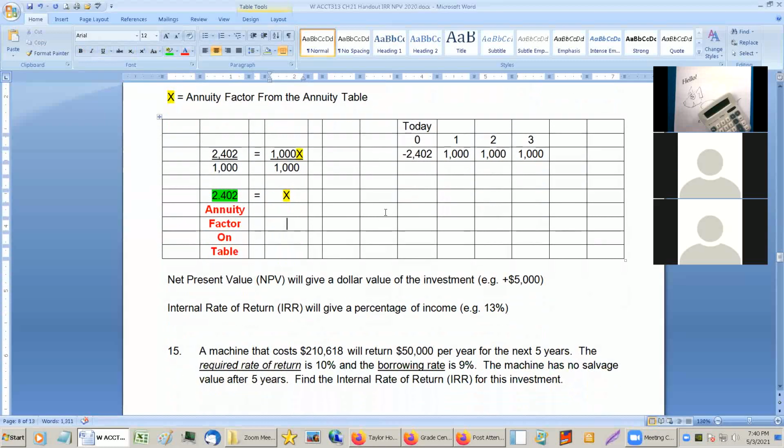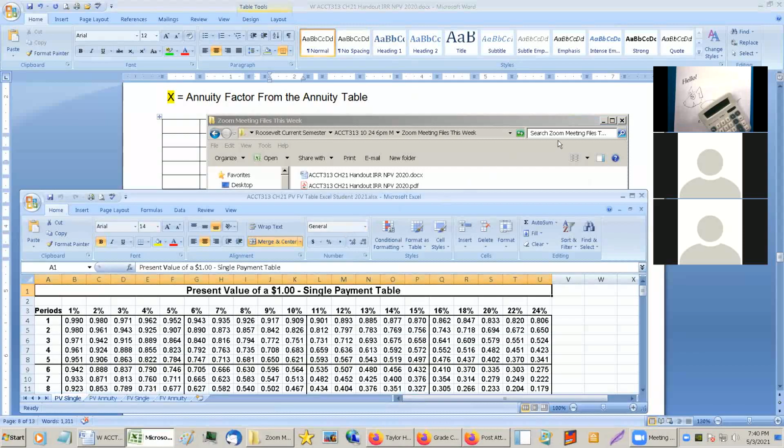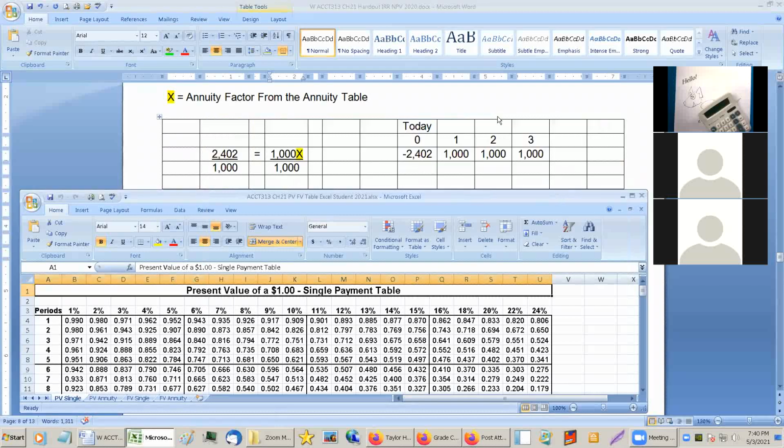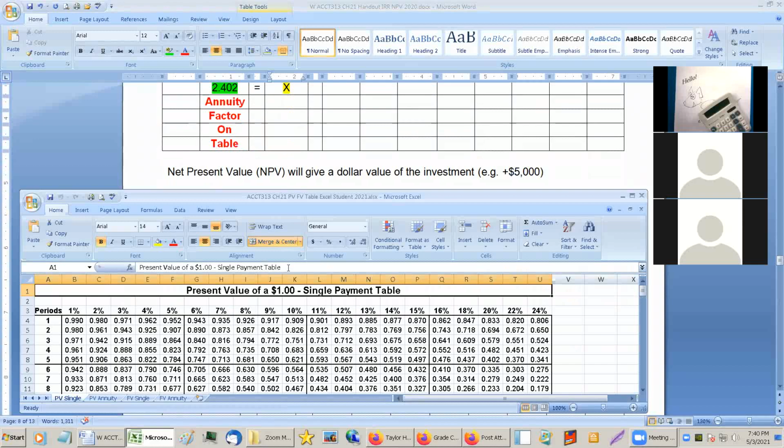Okay, so let me pull up the table. Make sure that we're on the annuity table.